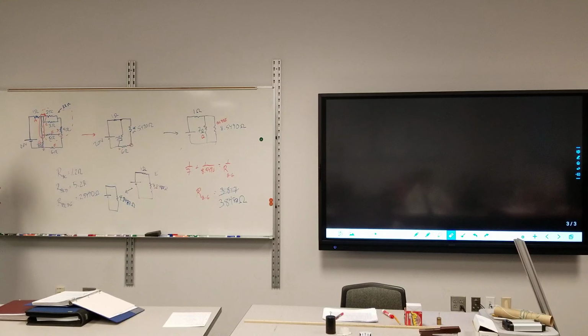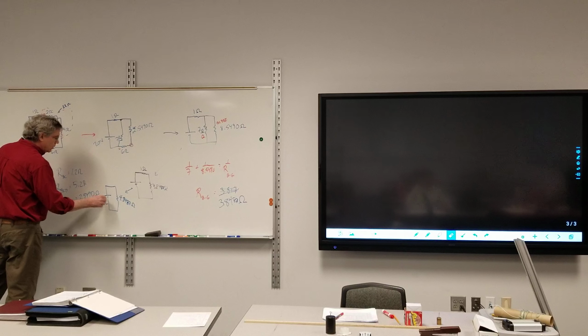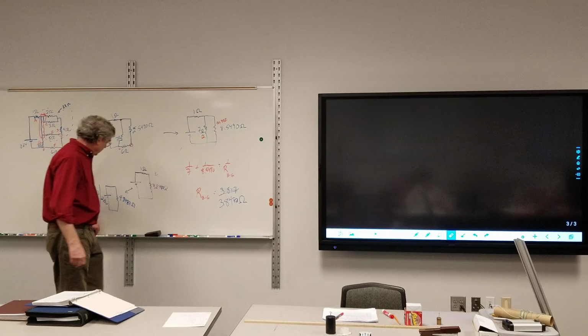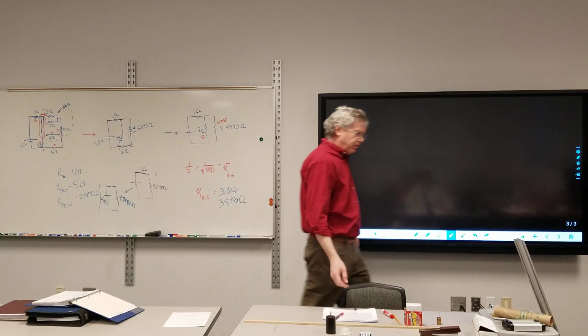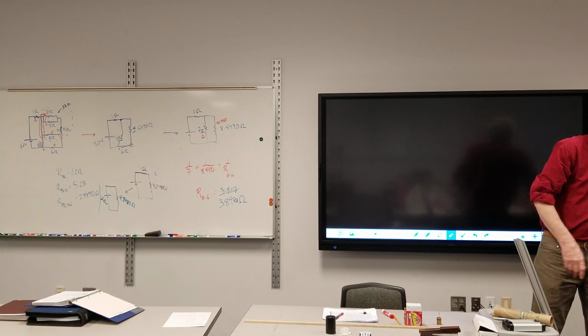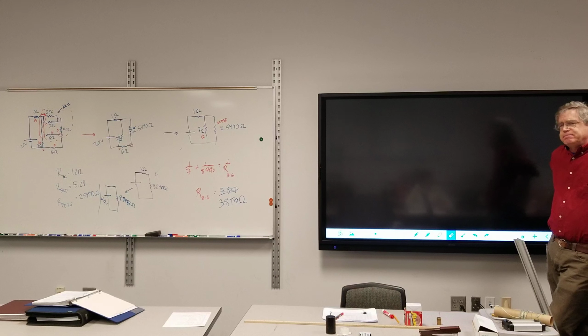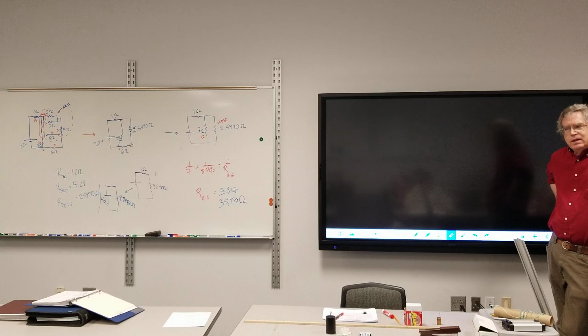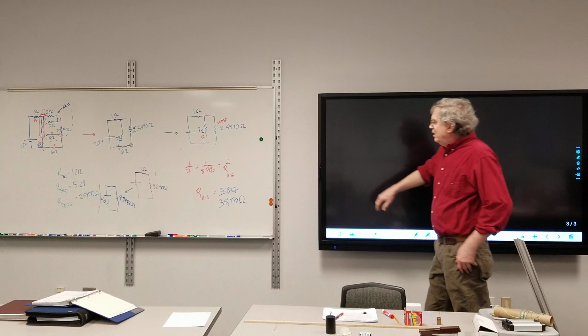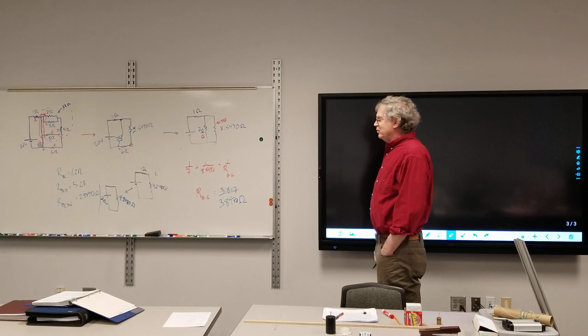All right. So at this point, we can figure out the current flowing out of the power supply. And how does one do that? Ohm's law. Yep. What is Ohm's law, by the way?